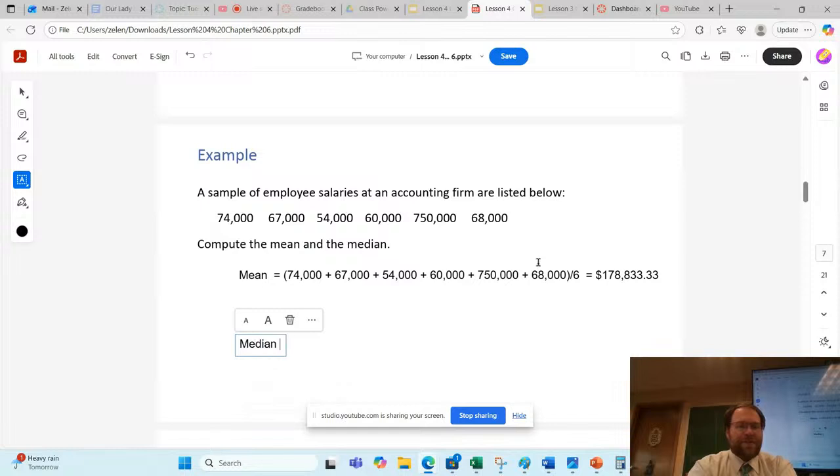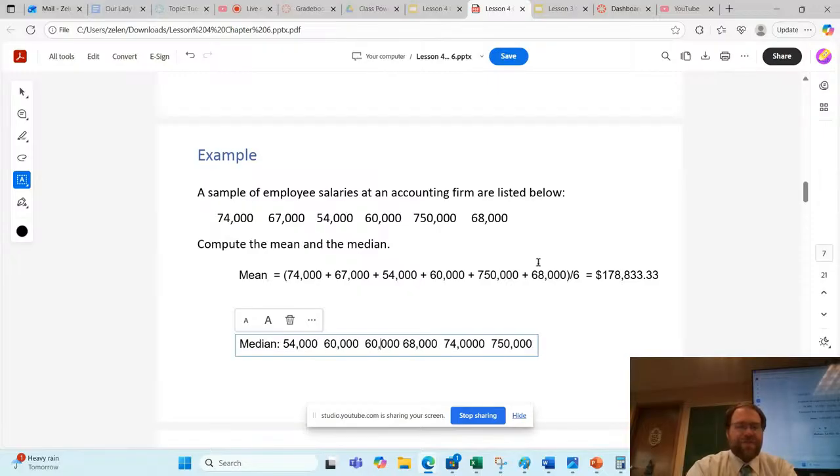What about the median? Median, where we put them all in order. Yep, so we've got to put all these in order. Like that.